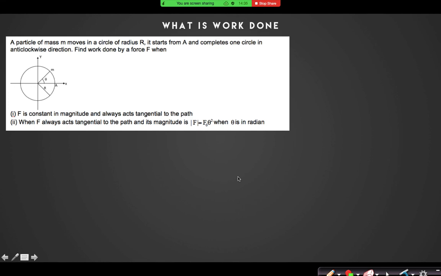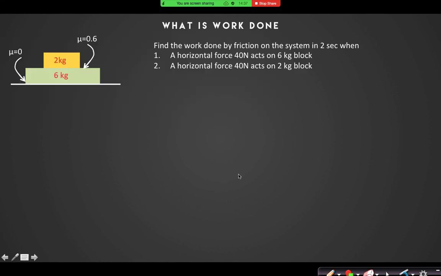So this was work done. Now we will talk about work done by friction force, right? Look here, this is a very good question. We have solved this question in friction. Do you remember two body problems in friction questions? Yes, sir. So first you need to find out the common acceleration, then the friction force, then the displacement.